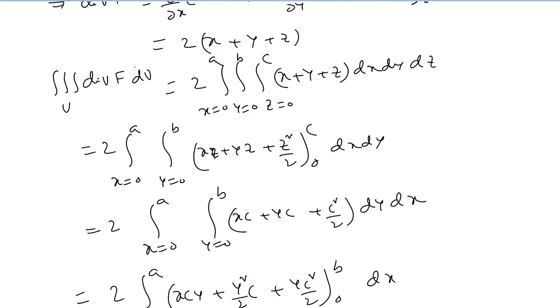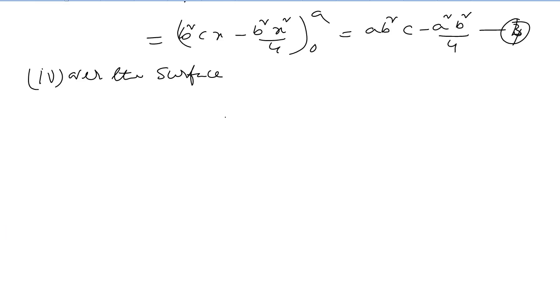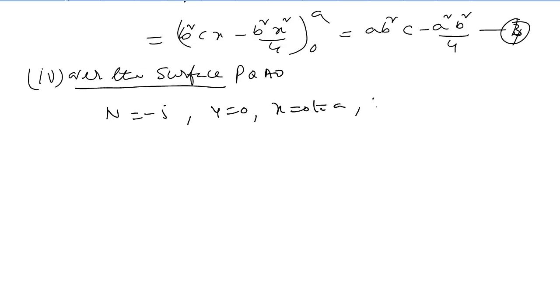PQAO. n equals minus j, y is 0, x is 0 to a, z is 0 to c.